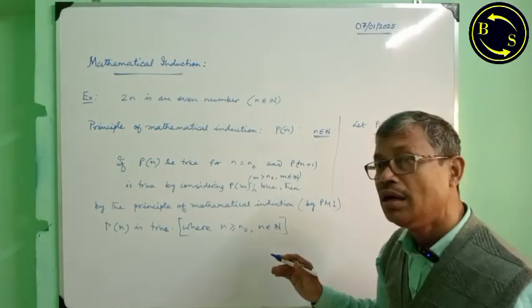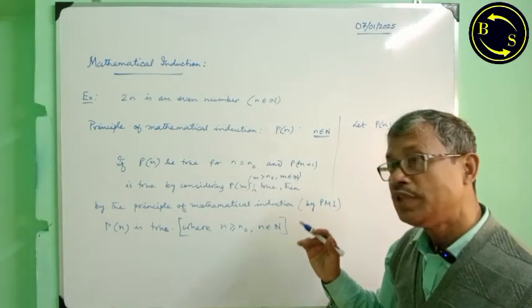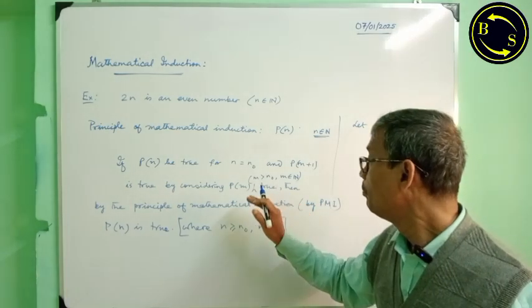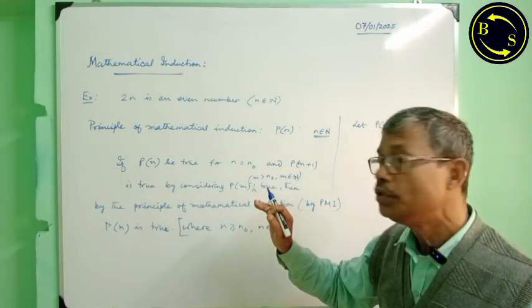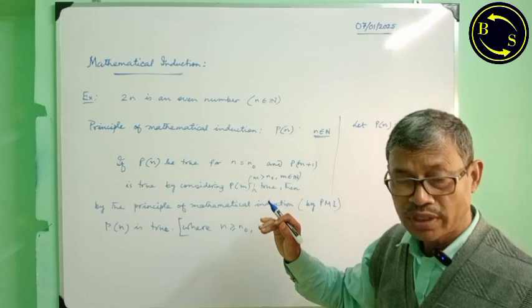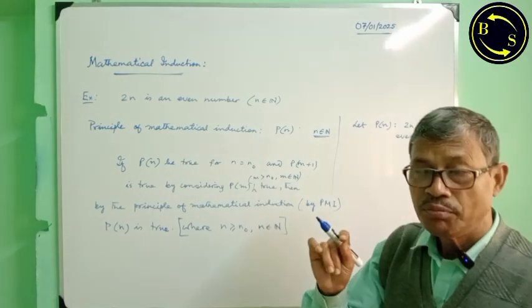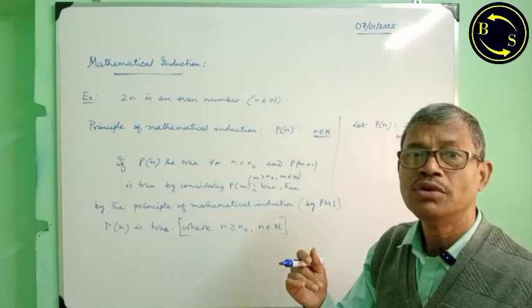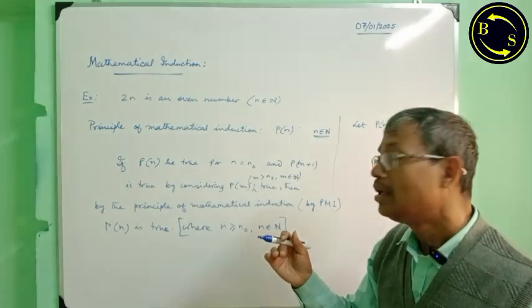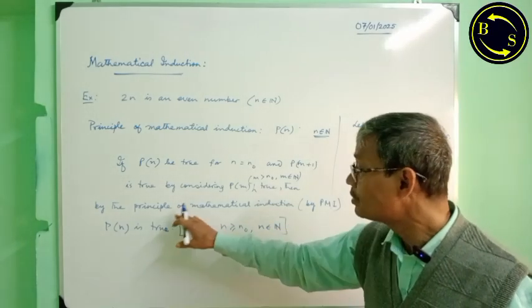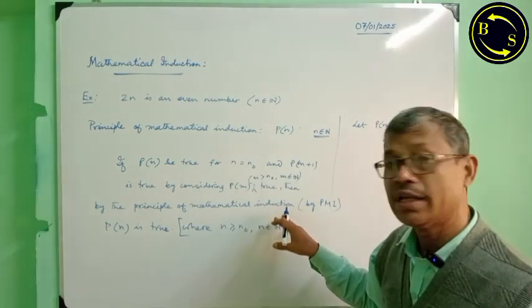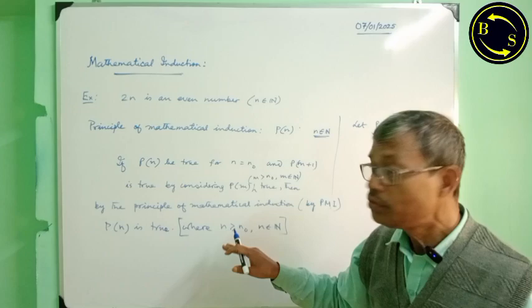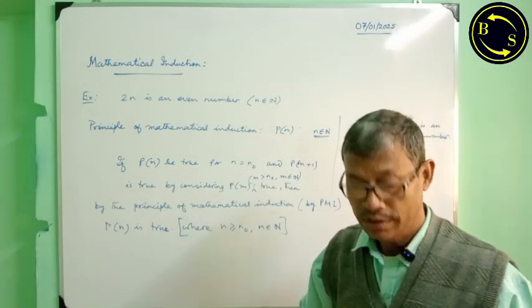Then we think like this: if P4 is true, then by actual calculation P5 is true. Then we can show P6 is true. Then we apply this principle of mathematical induction and conclude that Pn is true.